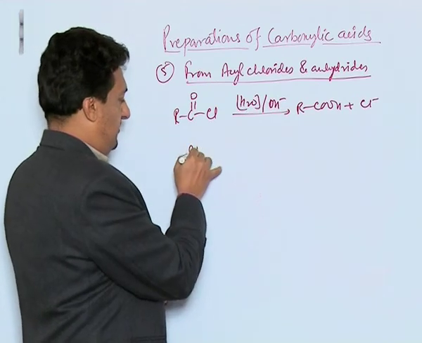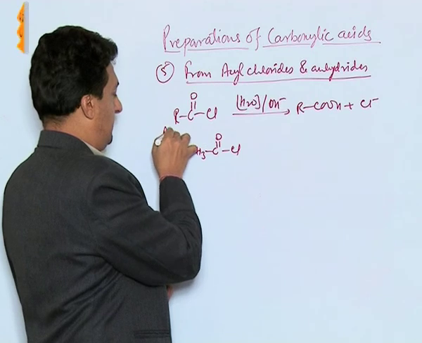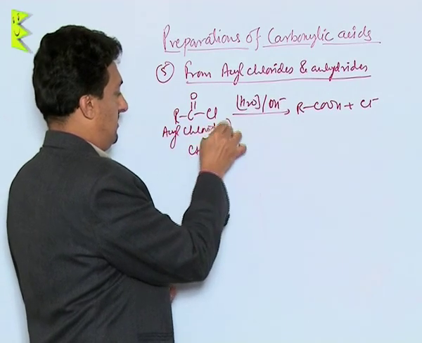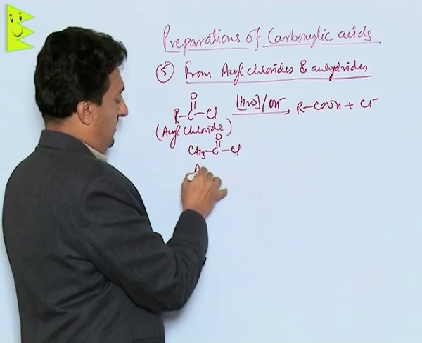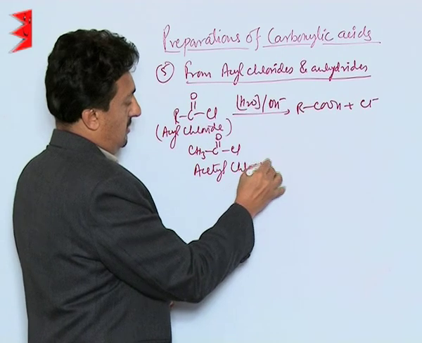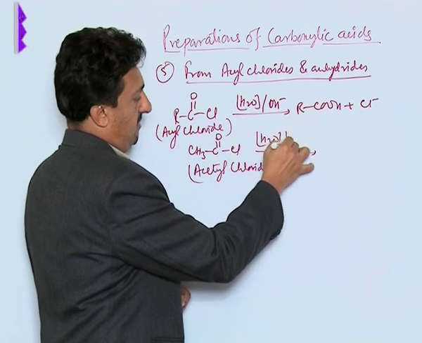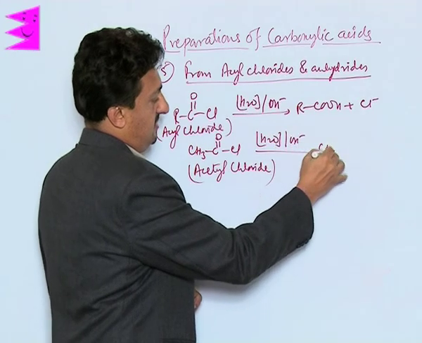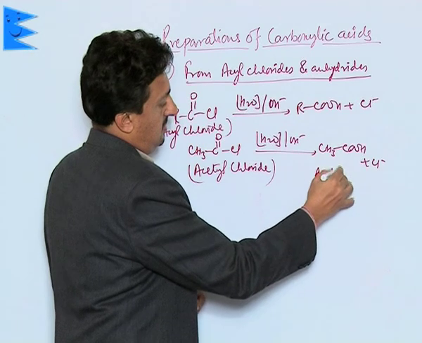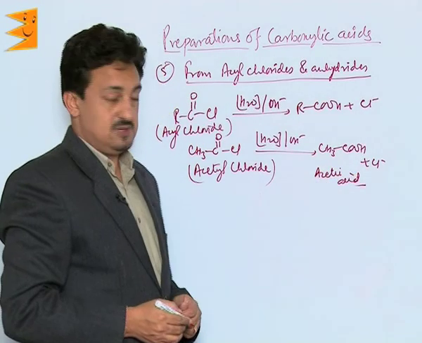This is called acyl chloride, and this one is called acetyl chloride. This acetyl chloride on hydrolysis will give us acetic acid.